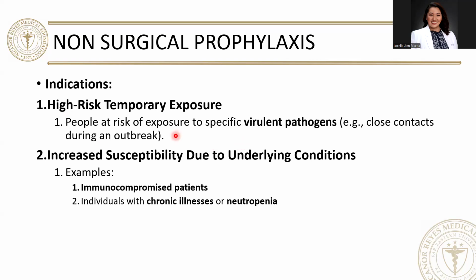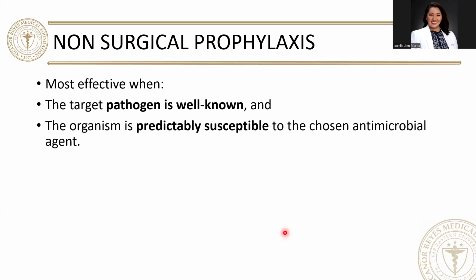The use of non-surgical prophylaxis applies where susceptibility is increased due to underlying conditions. Again, those are your immunocompromised patients and individuals with chronic illnesses or neutropenia. These are most effective when the target pathogen is well known and the organism is predictably susceptible to the chosen antimicrobial agents.